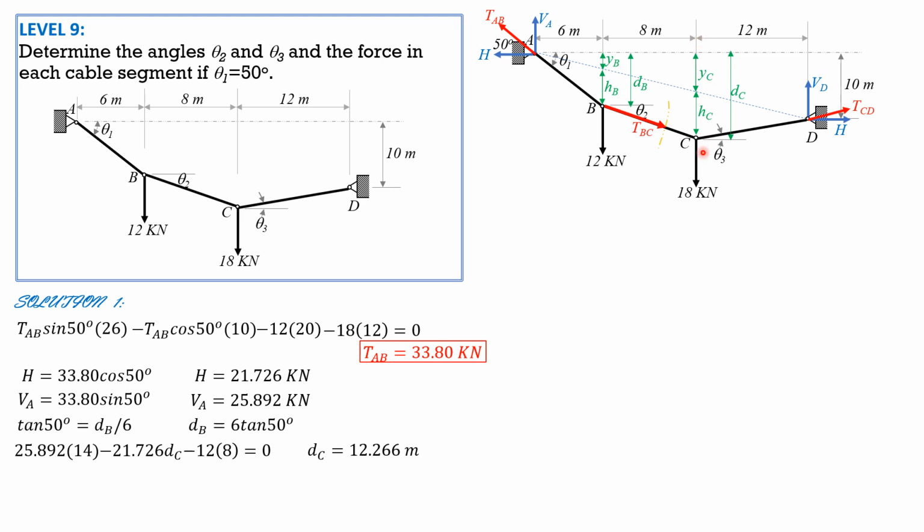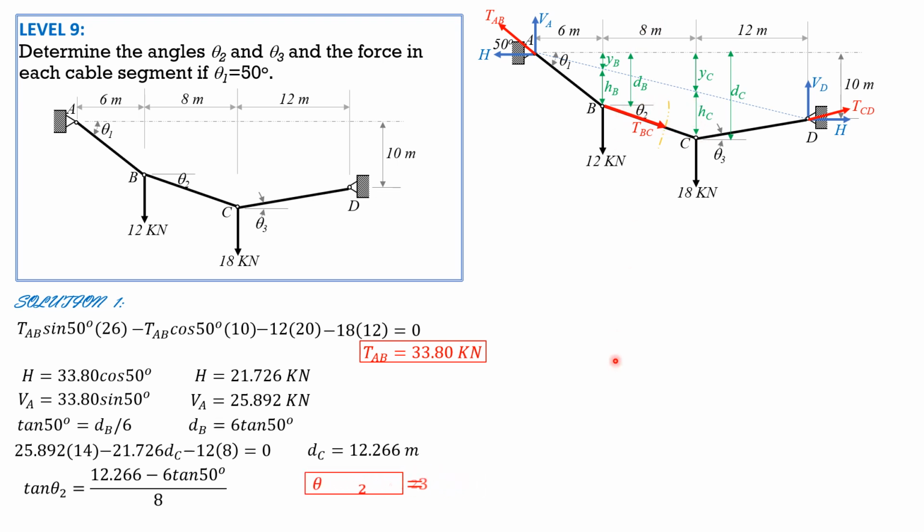Having found D sub C, we can compute theta 2. Imagine this right triangle here. Tangent of theta 2 is this distance, D sub C minus D sub B, divided by 8. So tangent theta 2 is distance C, 12.266, minus distance B, 6 tangent of 50 degrees, divided by 8 in this imaginary right triangle.